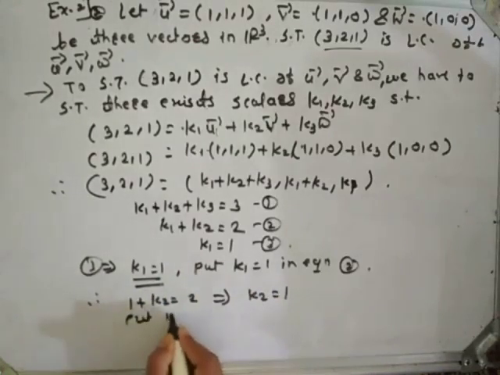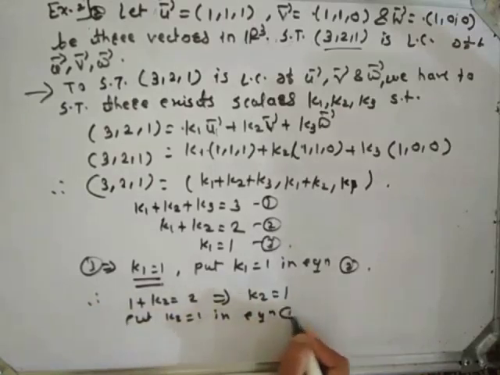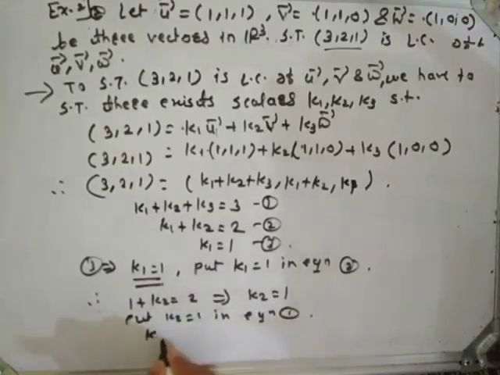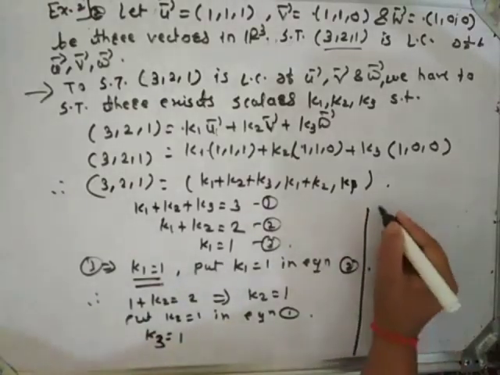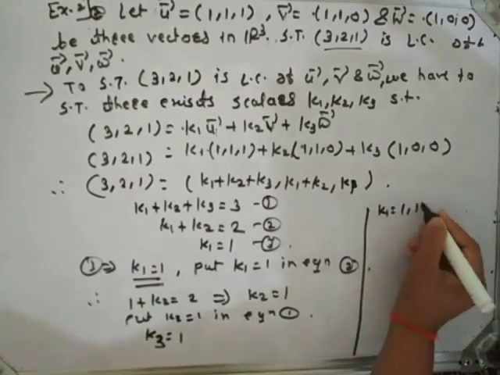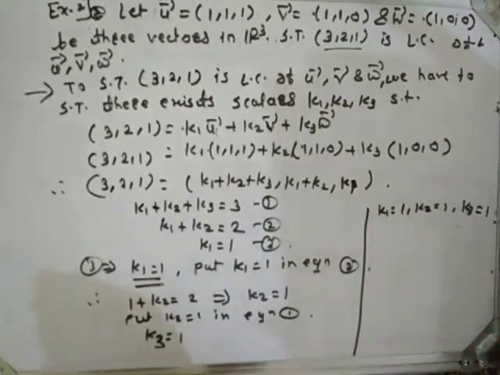Put k2 equal to 1 in equation 1, we will get k3 is equal to 1. So we get the values. Therefore k1 is equal to 1, k2 is equal to 1 and k3 is also 1.